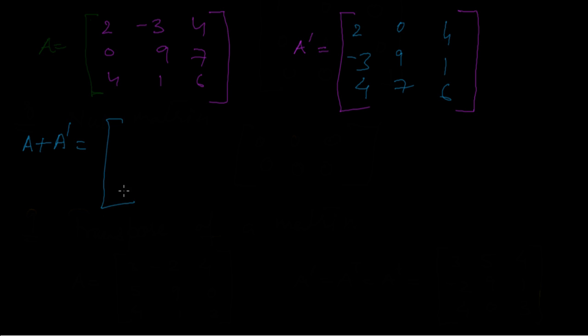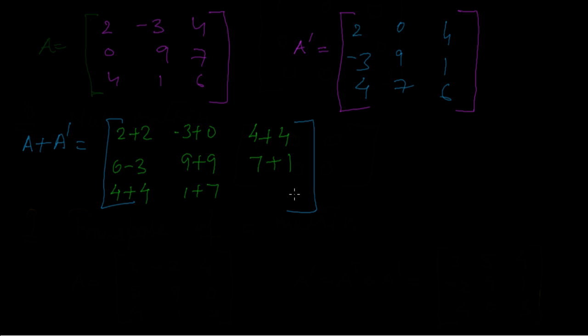Now we see what happens. We add the corresponding elements: 2 plus 2, -3 plus 0, 4 plus 4, 0 minus 3, 9 plus 9, 7 plus 1, 4 plus 4, 1 plus 7, and 6 plus 6.